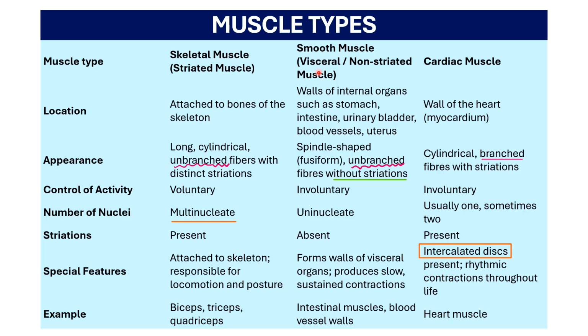Smooth muscles are found in the walls of the internal or visceral organs such as stomach, intestine, urinary bladder, uterus. Because they are found in visceral organs, they are also known as visceral muscle. Their function is to help in food peristalsis, childbirth, and controlling the diameter of the blood vessels.